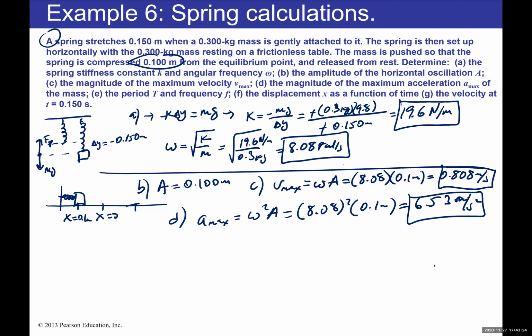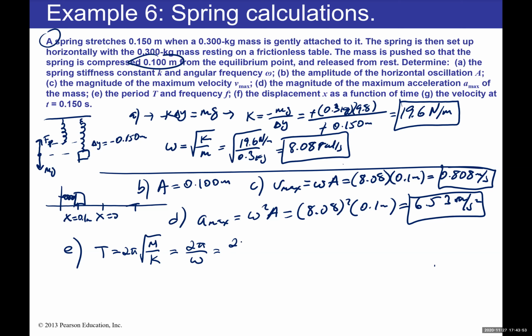Okay. Then for part E, it says the period and frequency. Hopefully those will be easy for you because I can calculate them several ways. For example, the period is equal to 2 pi square root of m over k, or I can say this is equal to 2 pi over omega. Either way is fine.